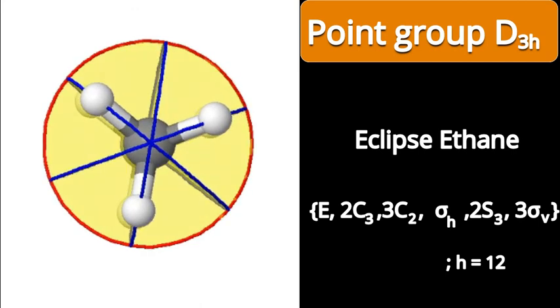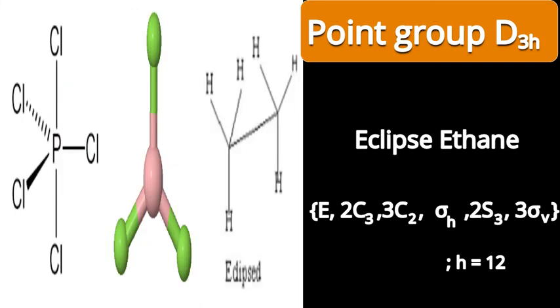It is similar to the PCl5 molecule, similar to the BF3 molecule. The only difference here is the separation between the carbons, and you may be confused because it is not a planar structure. But from the symmetry point of view, it is the same as BF3 or PCl5. Total 12 operations are possible, and we can say the point group is D3H.